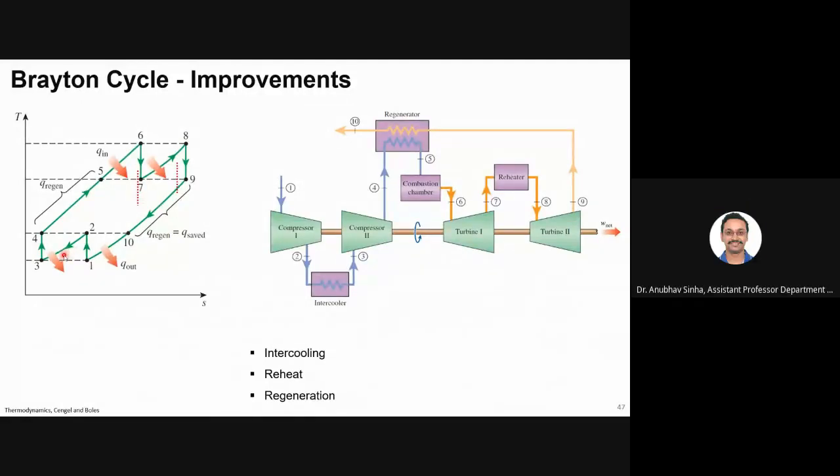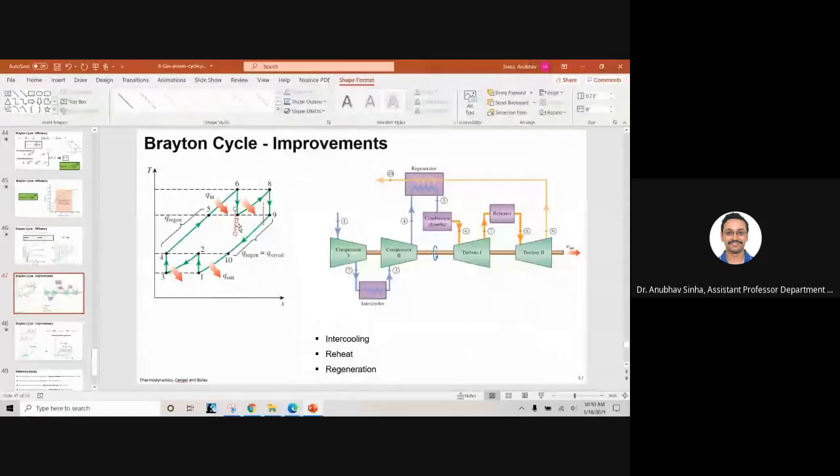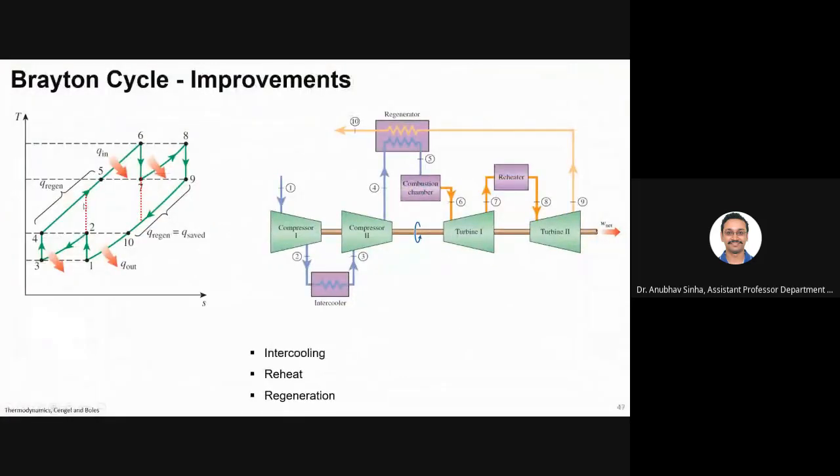Yes, sir. Okay. Similarly, if I do not have intercooling, it will look like this dotted line.